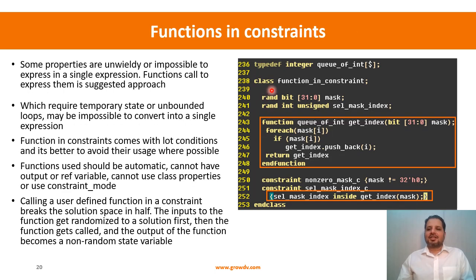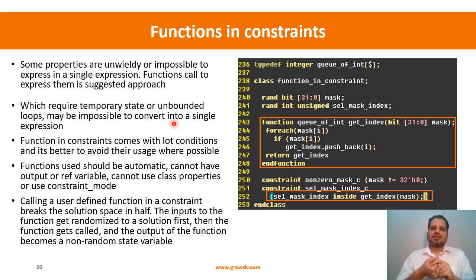So, functions actually can be used within the constraints. I know when you look at it first, it looks very attractive that you can use functions within the constraints, and hence you can model much more complex functionality. It is true to an extent, like if you require some sort of temporary state or unbounded loops, then it's kind of hard to put all of that in a single expression.